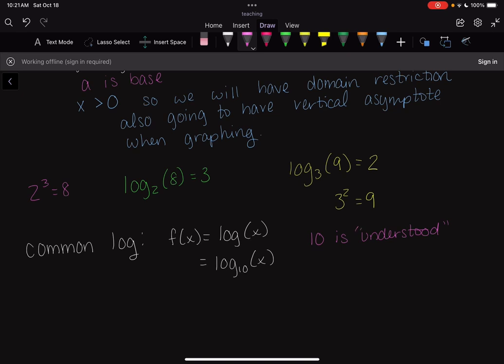It's kind of like whenever we say there's an invisible 1 in front of a variable if it doesn't have a coefficient. It's just something that is understood. So if you don't see a base on log, then that base is automatically 10.